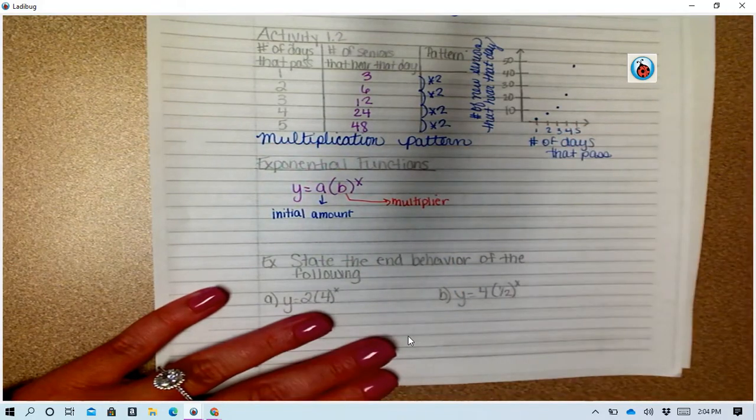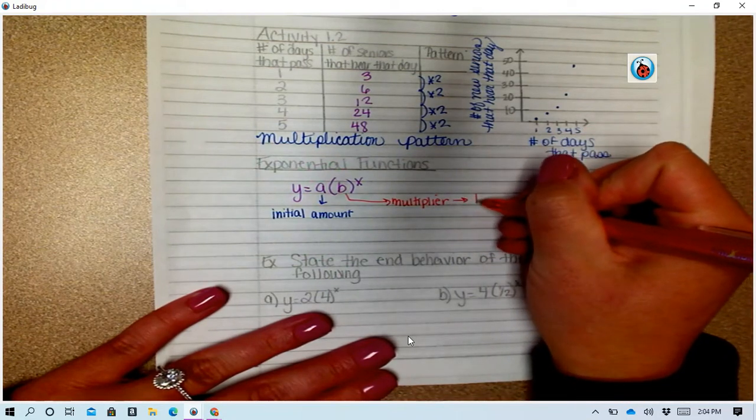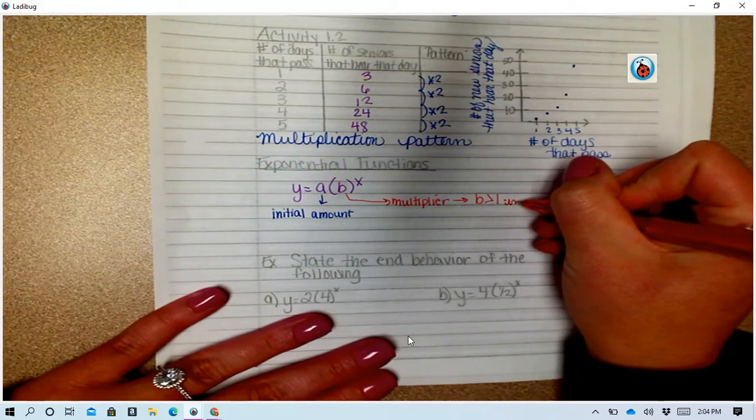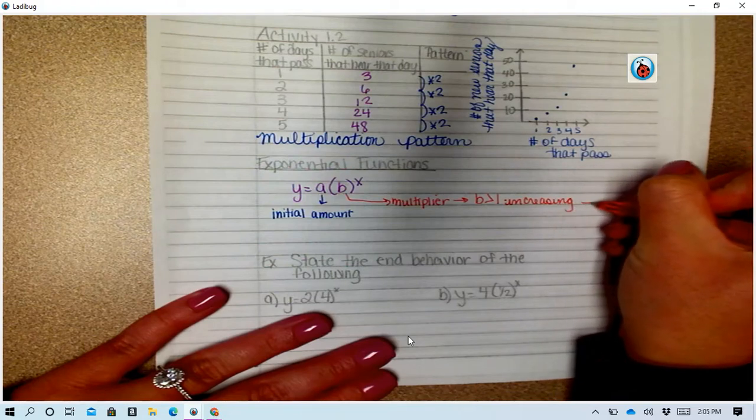A couple things you need to know about your multiplier. If B is bigger than 1, then your graph is increasing. It would look something like this.